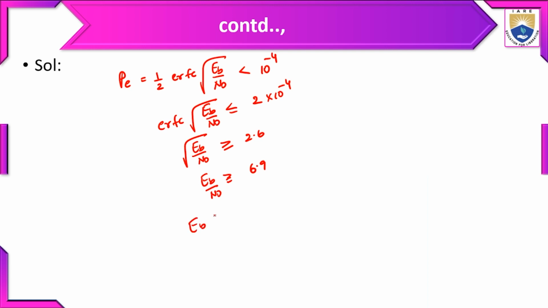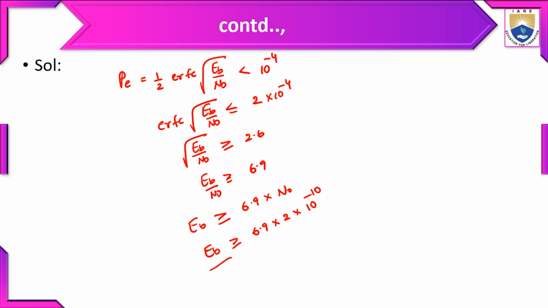And EB is greater than or equal to 6.9 into N0. So what is N0? Noise spectral density. Okay. So you can substitute EB greater than or equal to 6.9 into 2 into 10 to the power of minus 10. So this is my energy per bit.